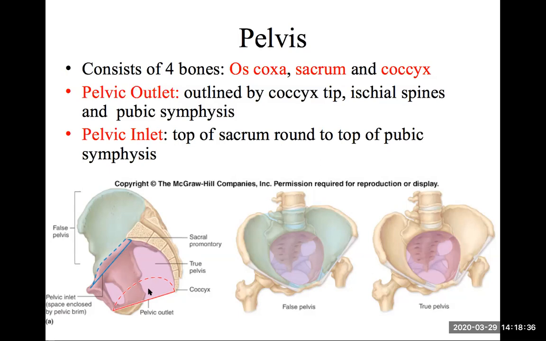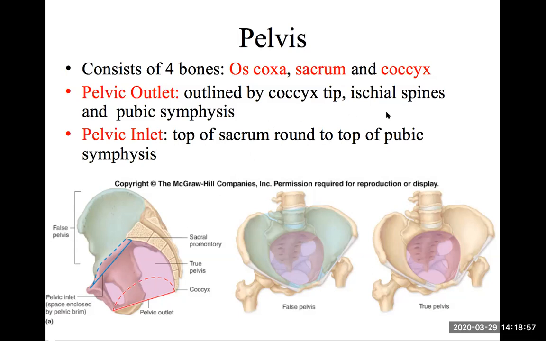So the baby's head has to make it into the pelvic inlet and then out the pelvic outlet. And the pelvic outlet is limited by the pubic symphysis in the front and the bottom of the coccyx in the back. And then over here, we have additional bony structures.